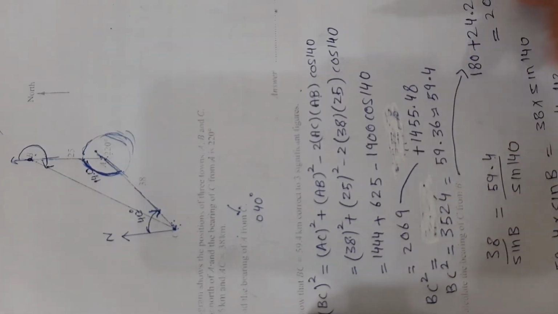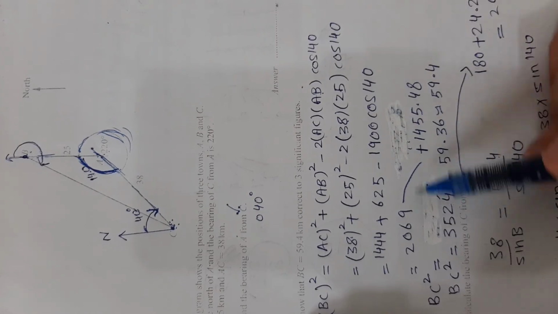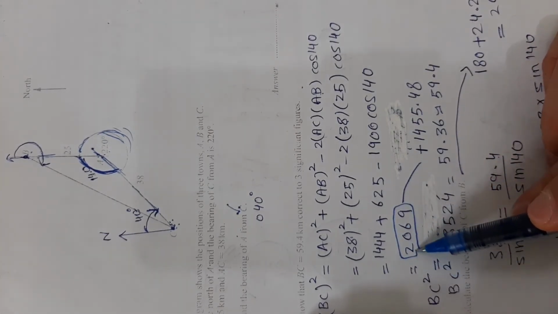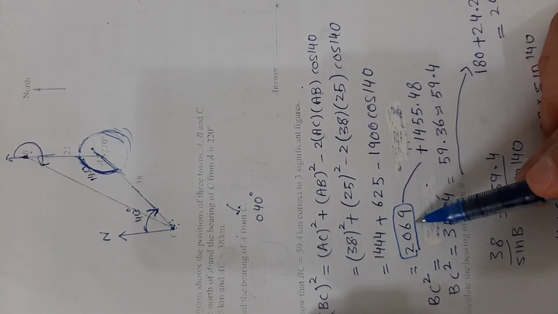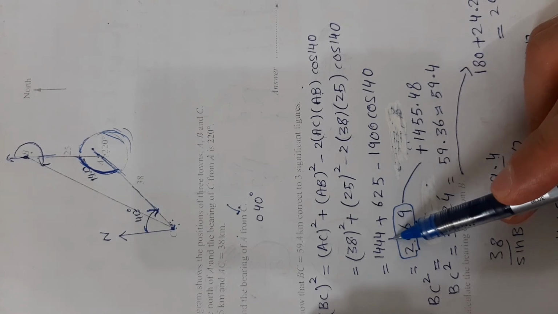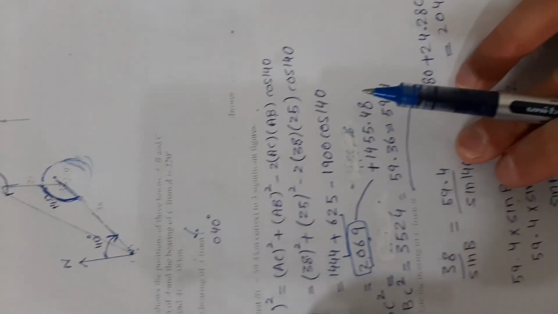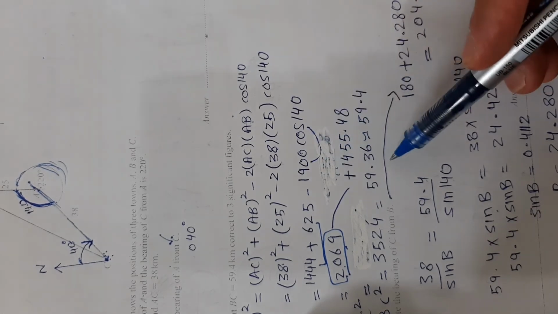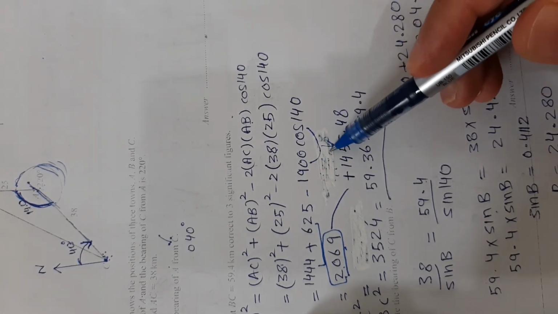Simplification will give you these results, and the answer will be 2069. Now this answer is not for BC squared, it is for these two. When you multiply 1900 with cos 140, you will get this one.